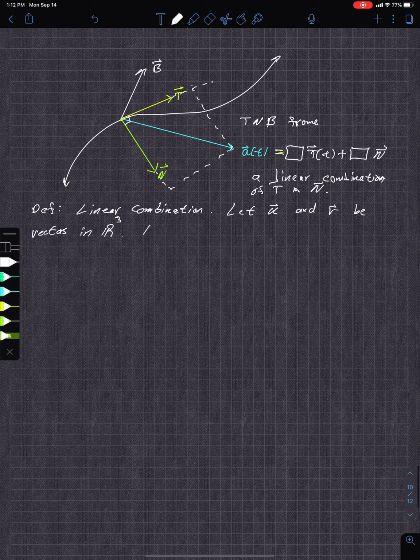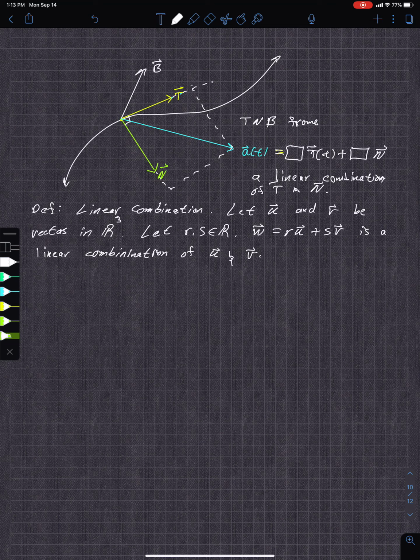Let R and S be constants in the reals. Then for the vector W, if we can make W equal to a constant times U plus another constant times V, then that is a linear combination of U and V. If you can write it like that, that's W.